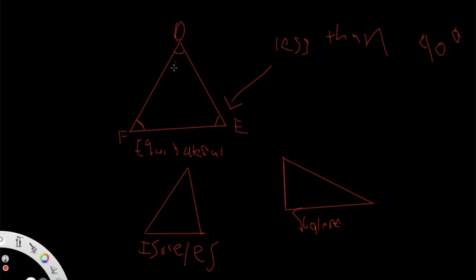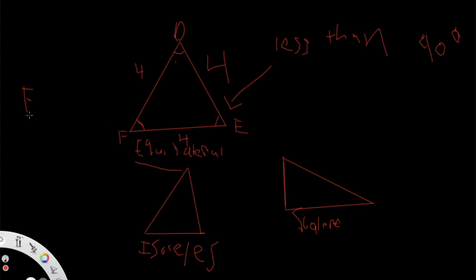So, equilateral. Sometimes in tests, again, they have E, F, D, whatever. And sometimes they'll have numbers here. Let's say 4. Again, 4. And here 4. Well, they're all equal, and that's why it's an equilateral.